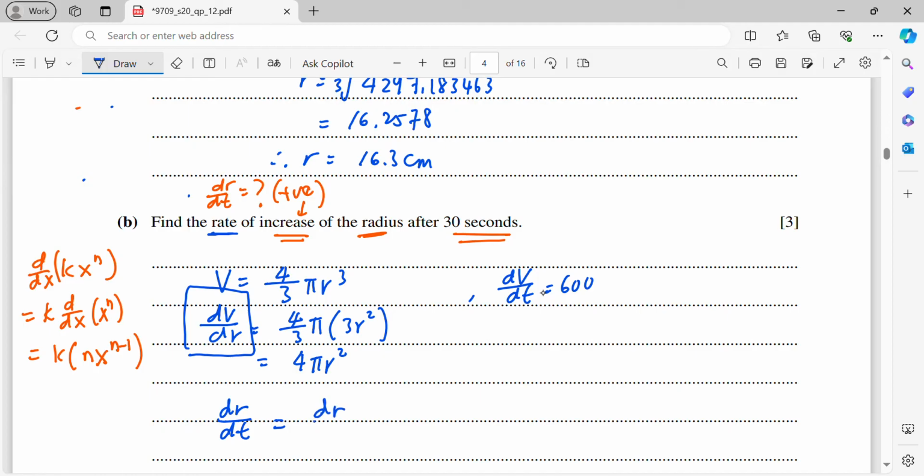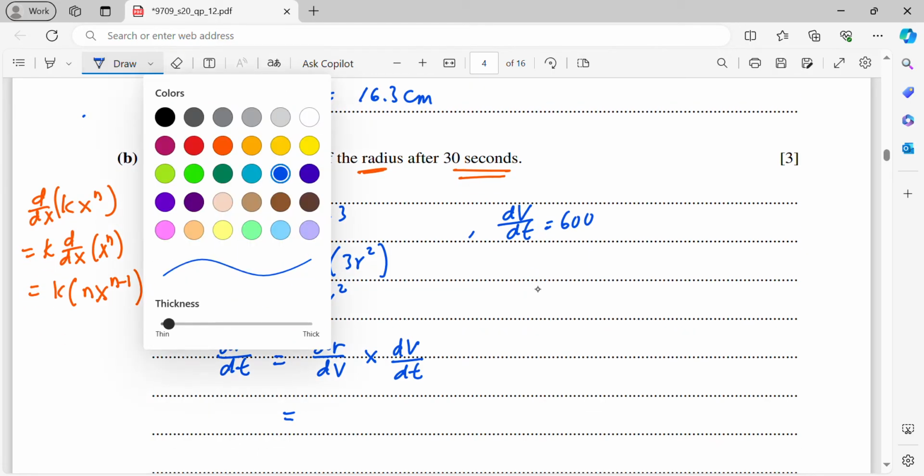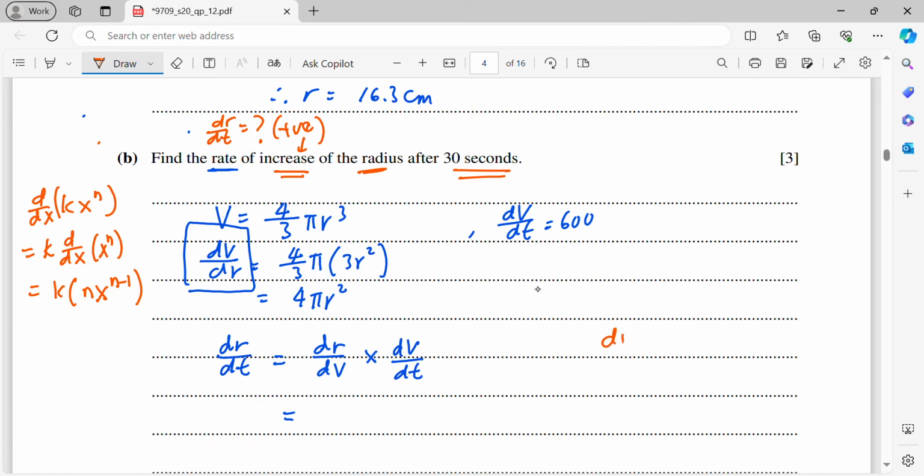So it will be dr over dV times dV over dt, which means, for your information, dr over dV equals 1 over dV over dr. That means now I will take 1 over this value. So that is going to be 1 over 4 pi r squared multiplied with 600.